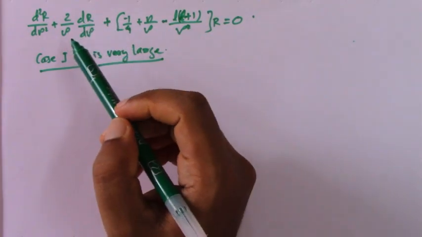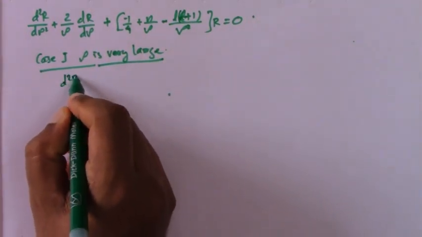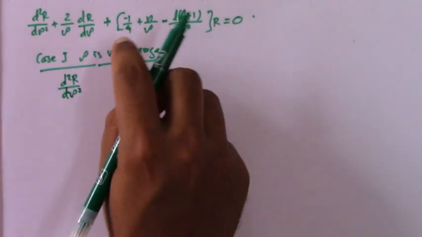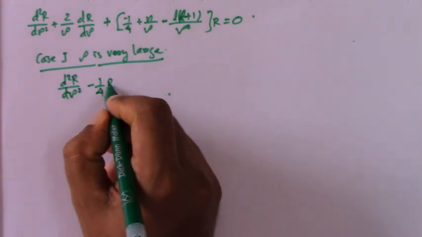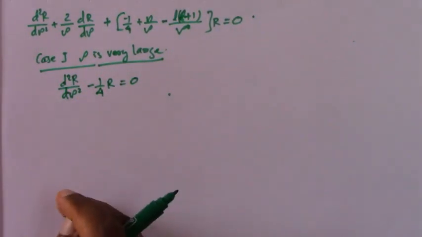So in this case we will have a simplified equation, d²R/dρ² − (1/4)R = 0, because all other terms are negligible.